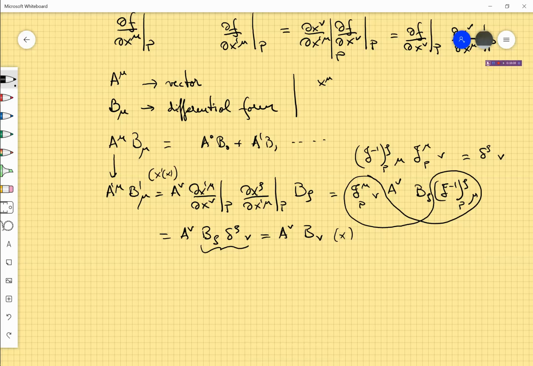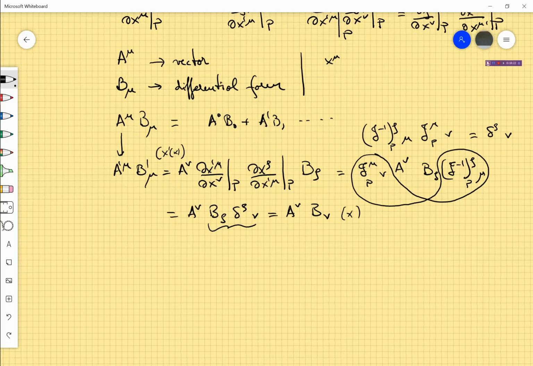You express this in terms of x and this in terms of x, and then it takes the same form. Okay, but in different coordinates, the expression will be different. The value at that given point will be exactly the same. And in any case, this is going to be evaluated at point P.